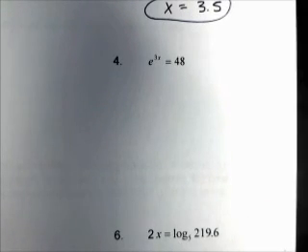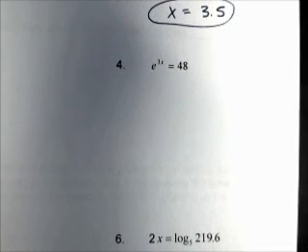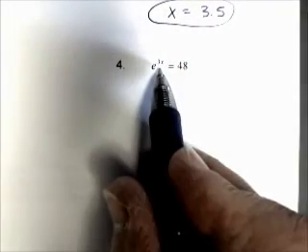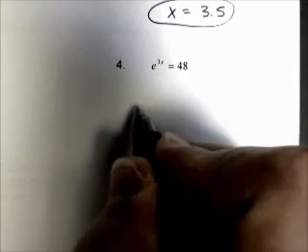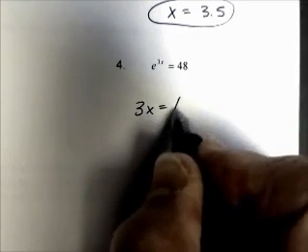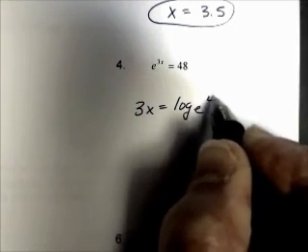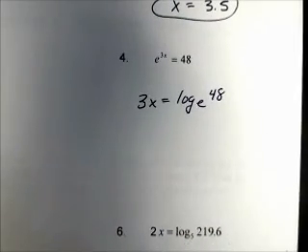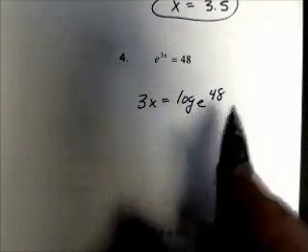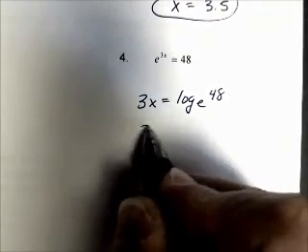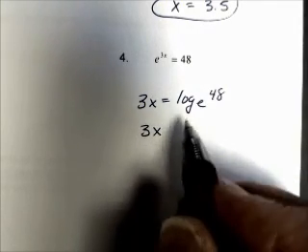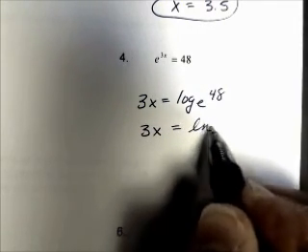Number 4, e to the 3x equals 48. This is exponential form. We switch it to log form. So our exponent 3x is equal to log base e of 48. But recall, log base e is the same as what? It's the same as ln. So log base e, I'll just replace it with ln.